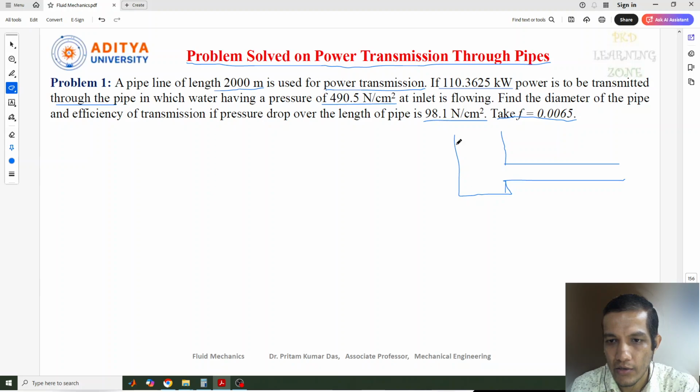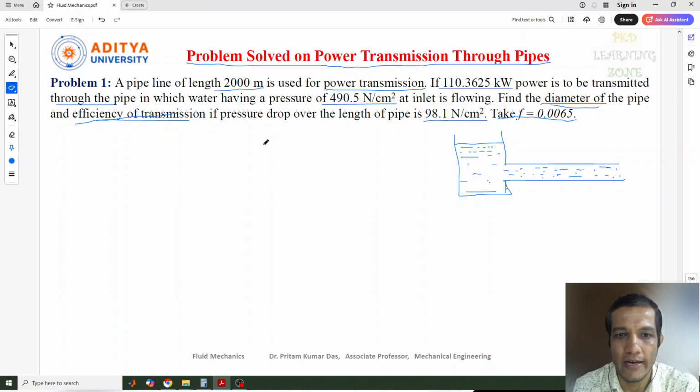So this may be the height of the liquid which is present in the container or in the reservoir. When this fluid is flowing through this pipe, we need to find out the power transmission rate. Here we need to find out the diameter of the pipe and the efficiency of the power transmission. So power is given, and from that we need to find the diameter of this pipe and efficiency of transmission.